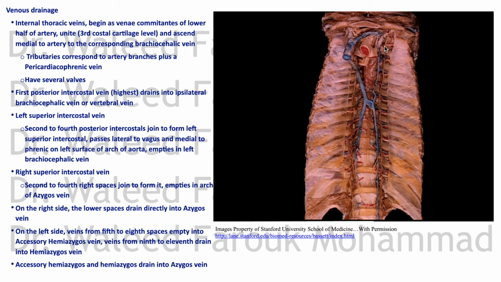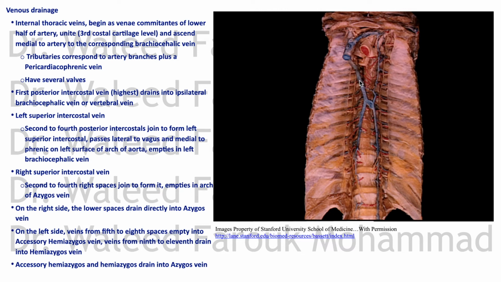Don't confuse that with the highest intercostal. Left superior intercostal runs on the lateral surface of the left side of the aortic arch, superficial to vagus, deep to phrenic nerve, and empties into the left brachiocephalic vein, while the right superior intercostal also drains the second, third, and fourth spaces, but drains into the arch of azygos.